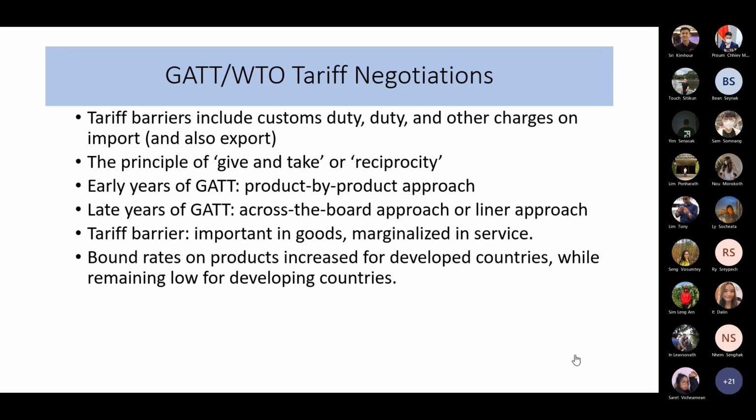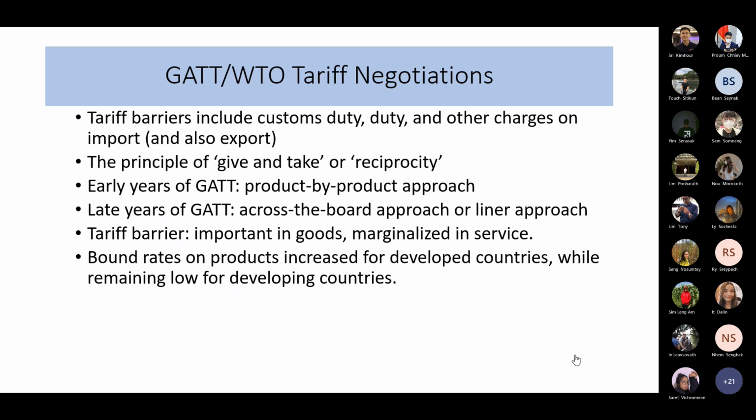In microeconomic terms, we call it a ceiling. I think you know about price ceiling and price floor. A price ceiling is the maximum level of the price that the government is willing to take. It's the same as the bound rate: we refer to the rate of tariff that is the maximum level the member has committed to and is willing to apply.